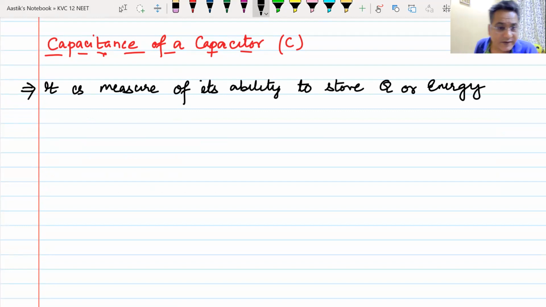It is the ability of a capacitor to store charge or to store energy. Do we understand this? Yes or no?